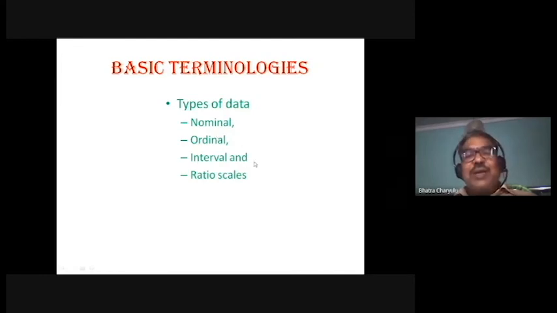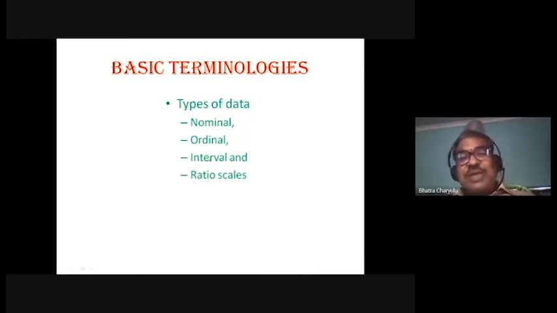And interval data: I'm measuring the values exactly, quantitatively, on a particular range of values, 0 to 100. It may take any value, in decimals also, like 2.3, 2.75 or 10.5. It can take any value from minus infinity to plus infinity.